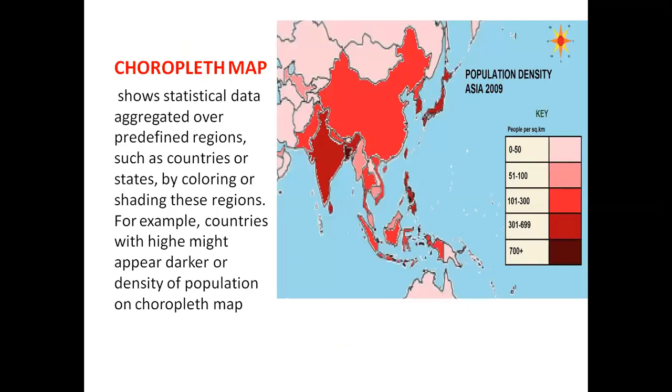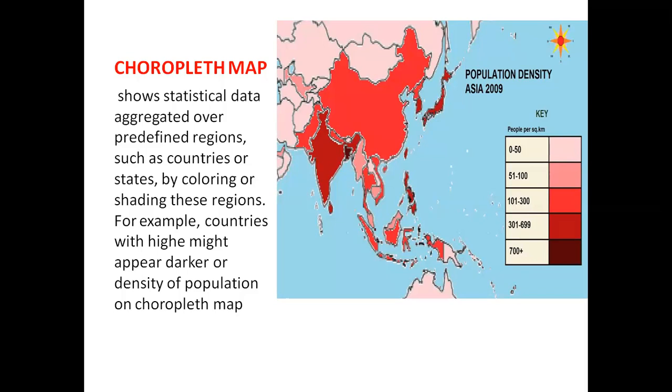Okay, and the next, choropleth map. This map tells us about statistical data aggregated over predefined regions such as countries or states by coloring or shading these regions. If you see, this is the part of Asia continent. India is in Asia.